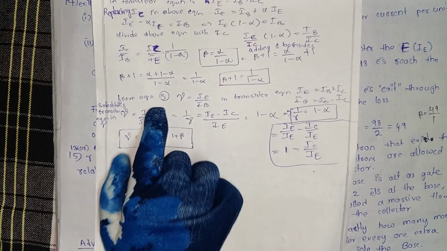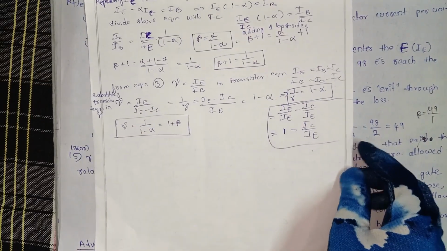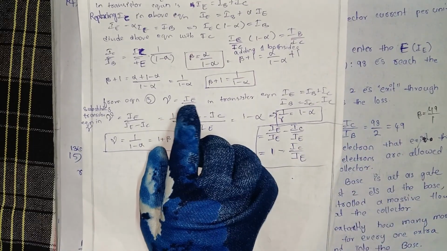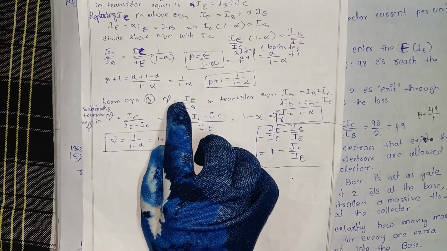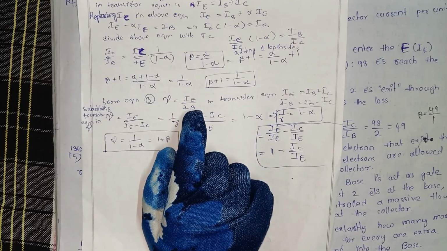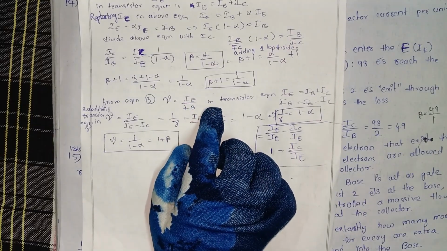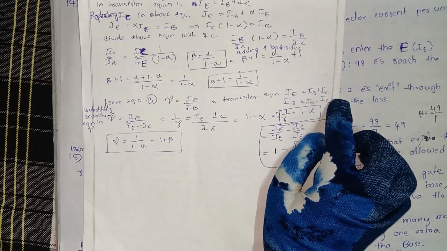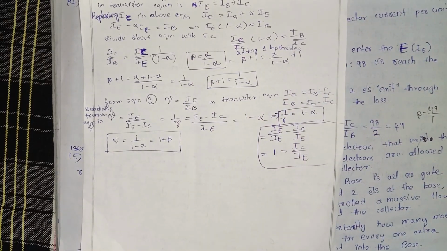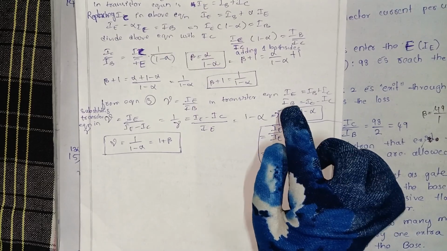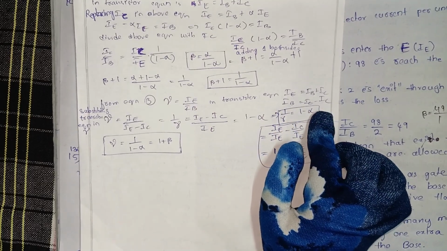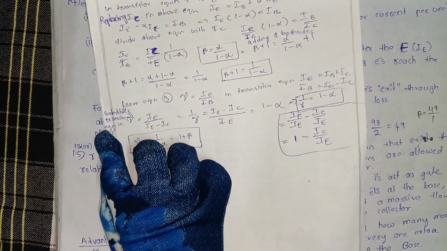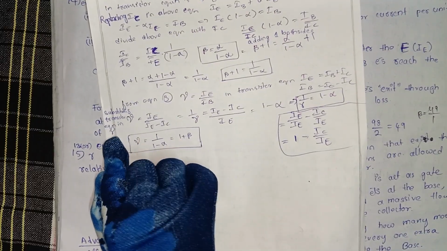Then we are taking equation number 3. Gamma is equal to emitter current by base current. By the transistor equation, IE is equal to IB plus IC, so rearranging it, IB is equal to IE minus IC. Then we substitute this into the gamma equation.